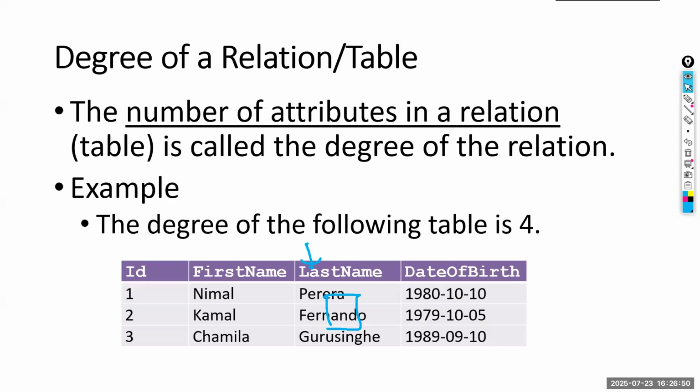Next one is degree of a relation or table. So degree of a relation is the number of fields or attributes in that relation. For this table, the degree of the table or the relation is 4. So these are just some definitions, okay?